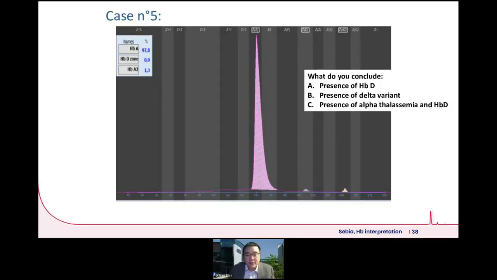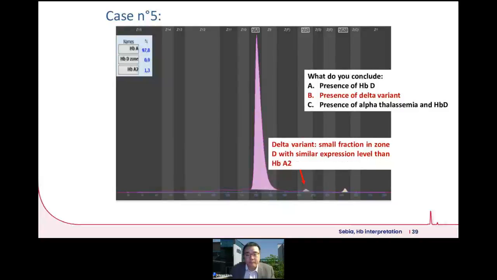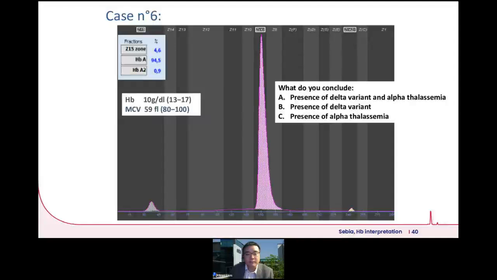So in this instance, you also see a splitting of the hemoglobin A2. Okay. So this is the situation of the presence of the delta variant. Okay. So if you combine the two values together, the hemoglobin D zone and hemoglobin A2, it's still within the normal range of hemoglobin A2.